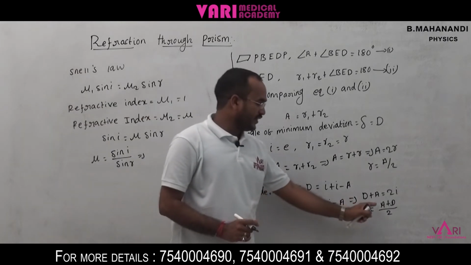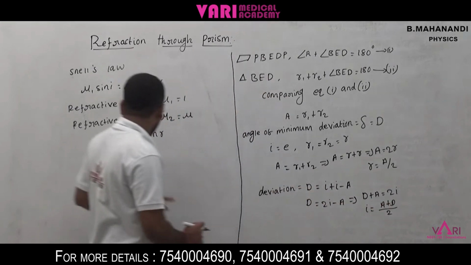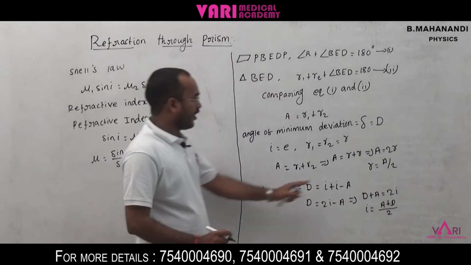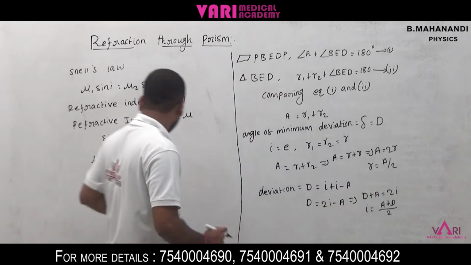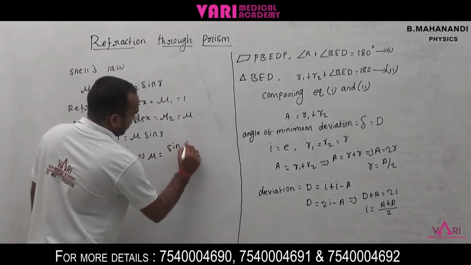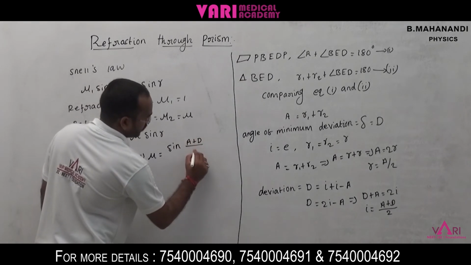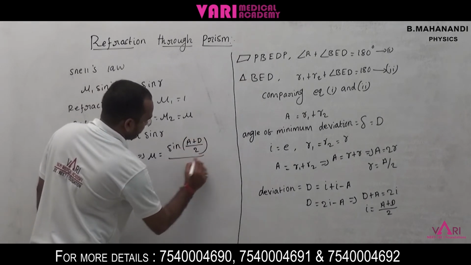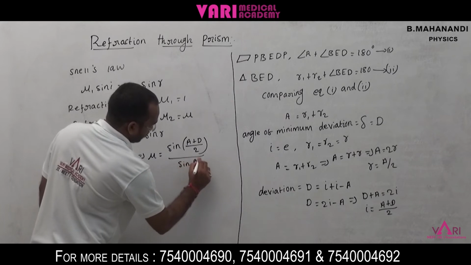Now what is the incident angle? i equals (A plus D) by 2. r is the refraction angle, r equals A by 2. Substituting, mu equals sin((A plus D) by 2) by sin(A by 2).